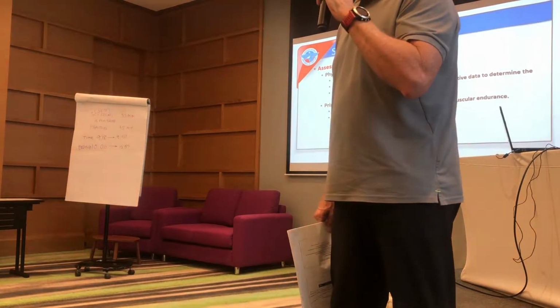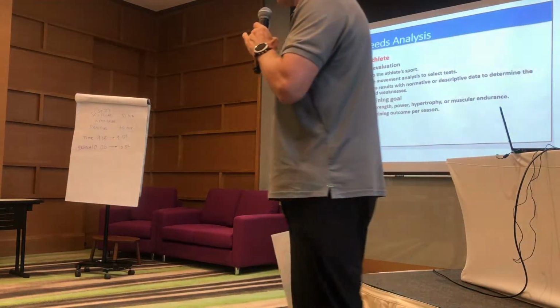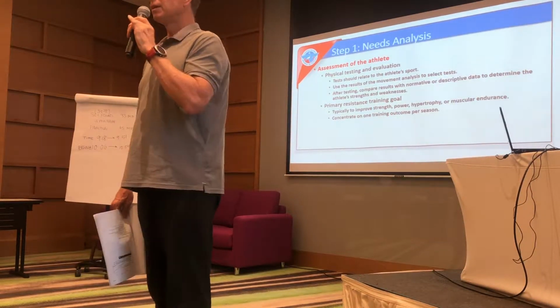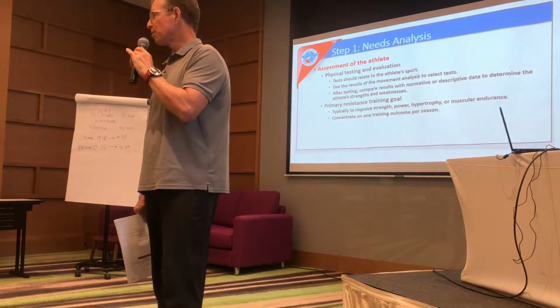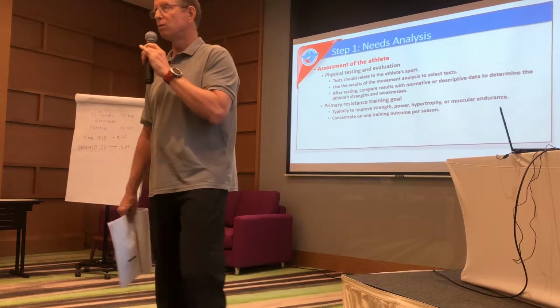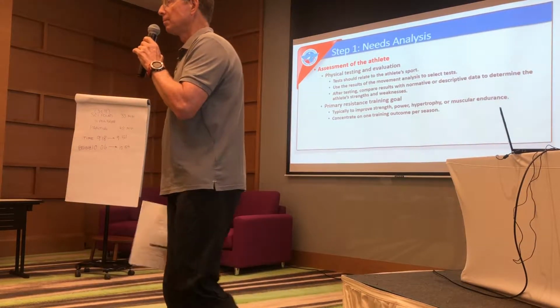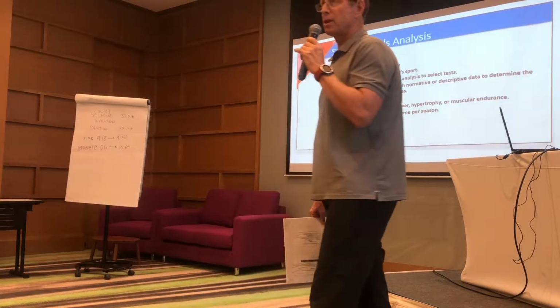An example, it was popular not too long ago, but the idea is we could get strong and also develop our aerobic system if we do short rest weight training. We call those circuit training.